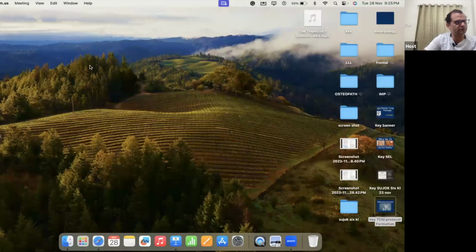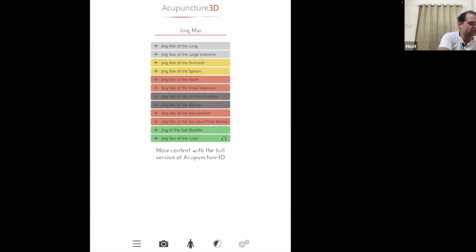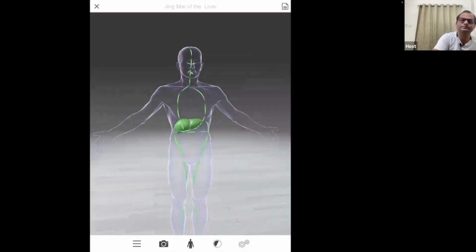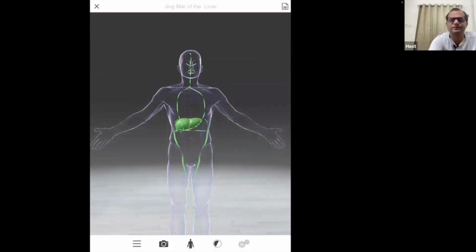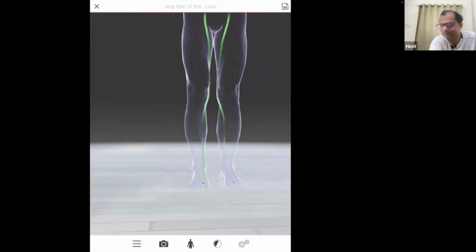So look at the root here. So we can see this is the root of the liver meridian. Now what problem might happen in this root? इस रूट में क्या क्या तकलीफें हो सकती है.